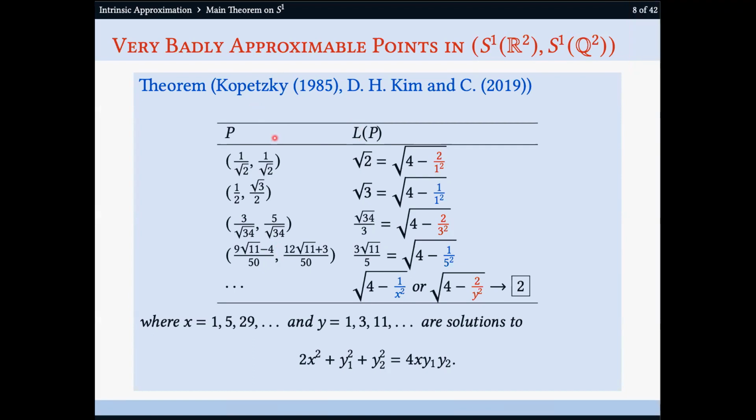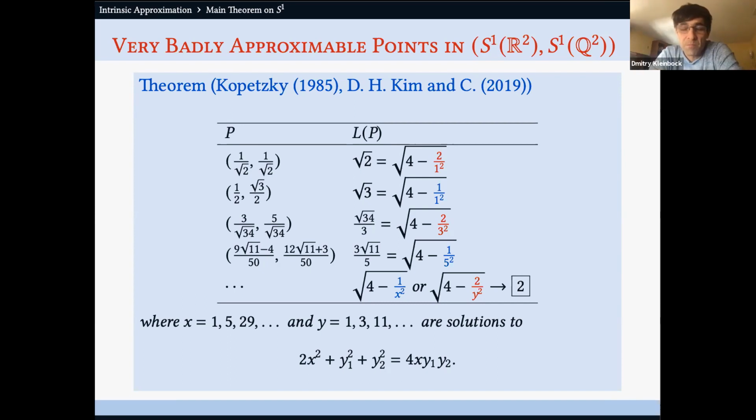His language is a little difficult to track, but as far as I understand, Kopetsky's method was to characterize the change of the height under the stereographic projection. And what he discovers is that height changes in only two ways: either it preserves the height, or the height reduces exactly by half. The cancellation is exactly by half.